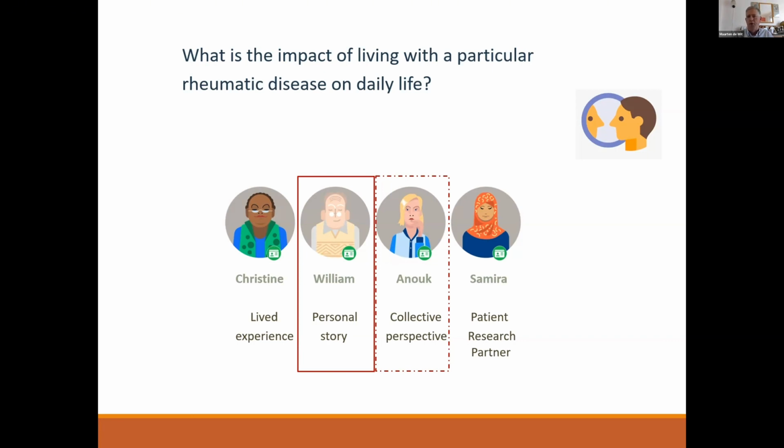And Anouk is also able to speak a little bit more on behalf of others. So her perspective of the patient perspective is a little bit broader. Also, because she has this Facebook group, she is able to give voice to what patients tell and experience about their lives.